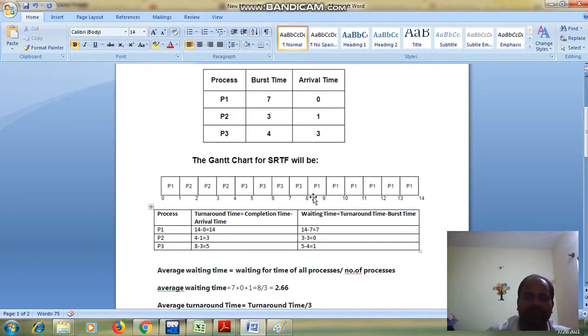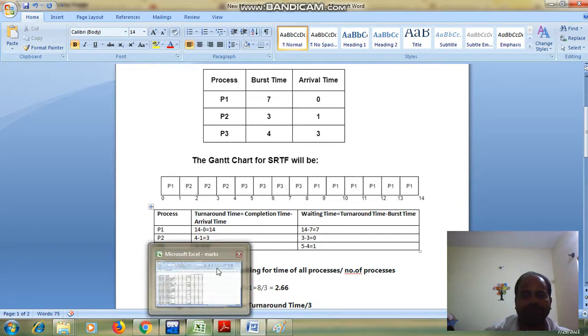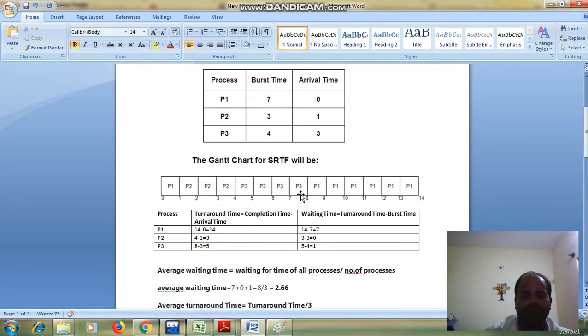Then we have to find parameters like turnaround time, waiting time, average turnaround time and average waiting time. So what is turnaround time? Turnaround time is the completion time minus arrival time.